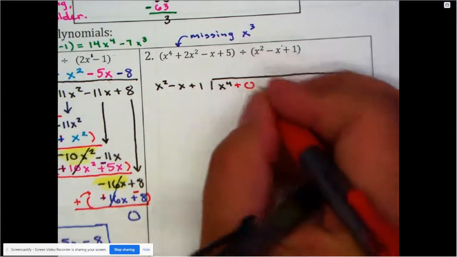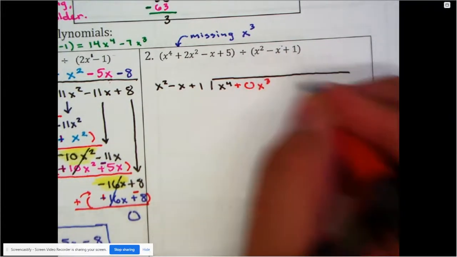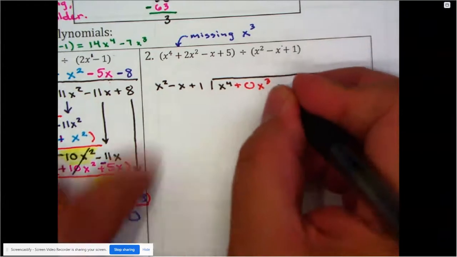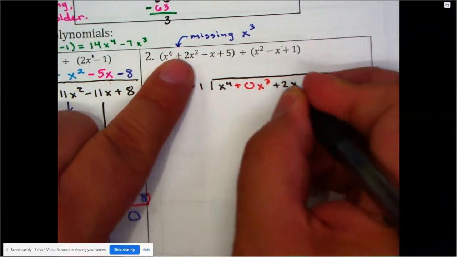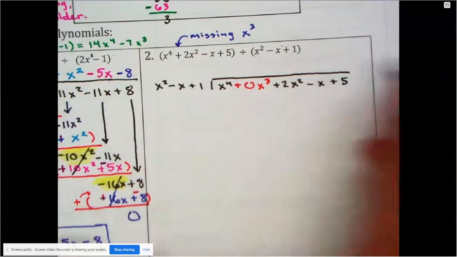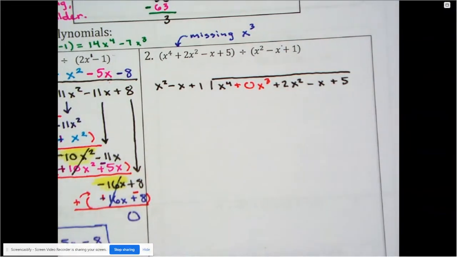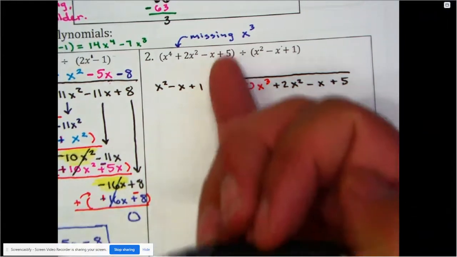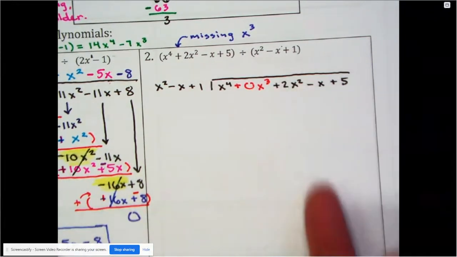We set it 0 x to the 3rd, because there is no x to the 3rd. So if it's missing, we need to leave a spot for it. And then I'll write the rest: plus 2x squared minus x plus 5. If it's missing a term, you have to put a 0 just as a placeholder, because remember, we want everything to line up.